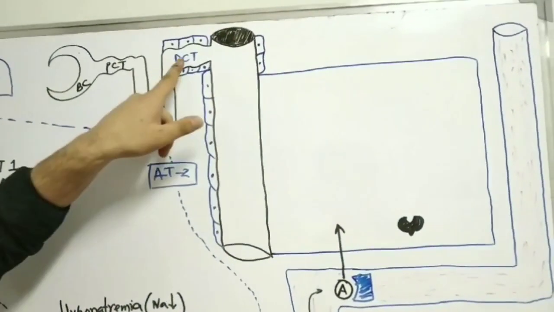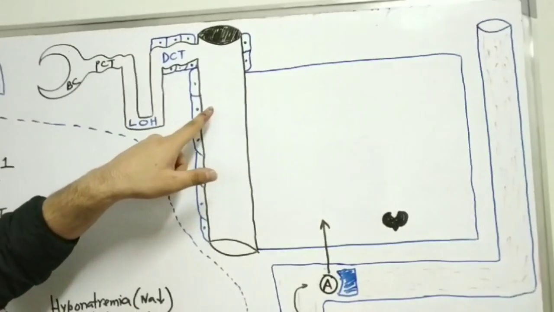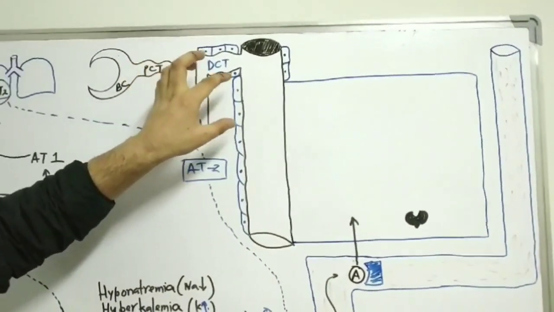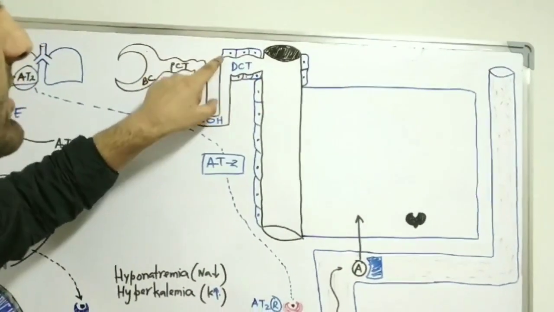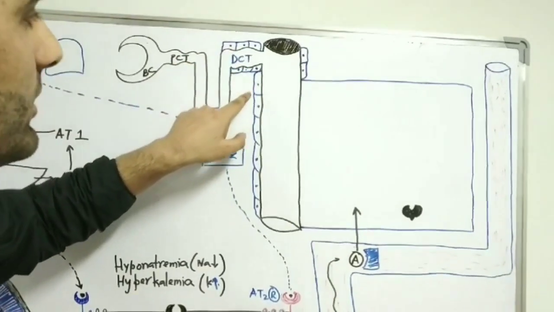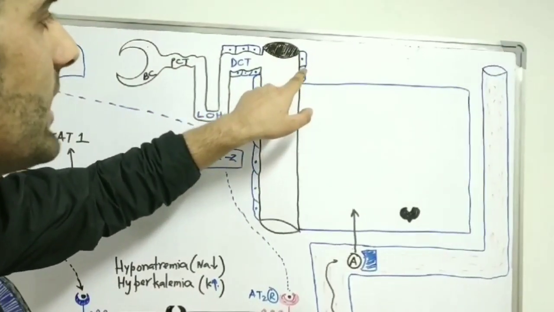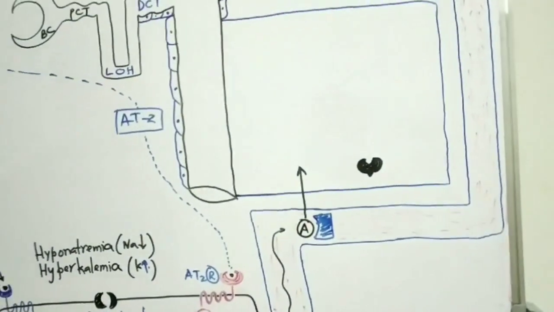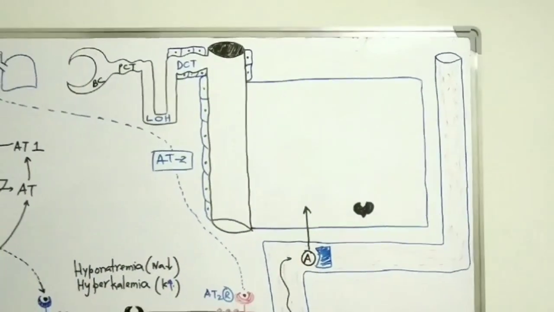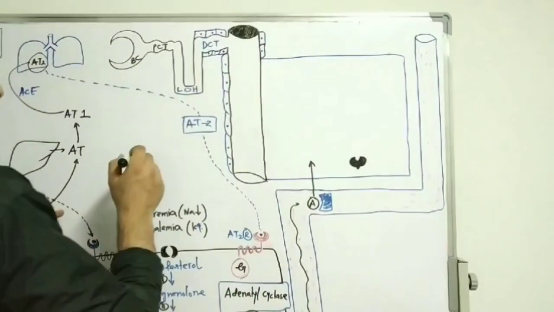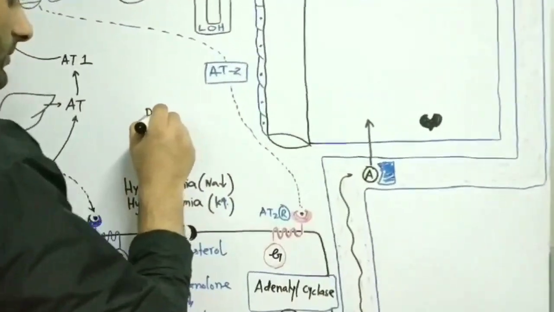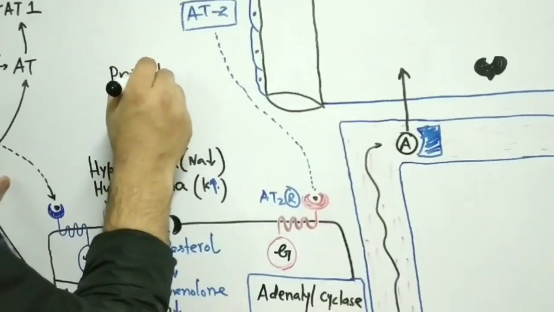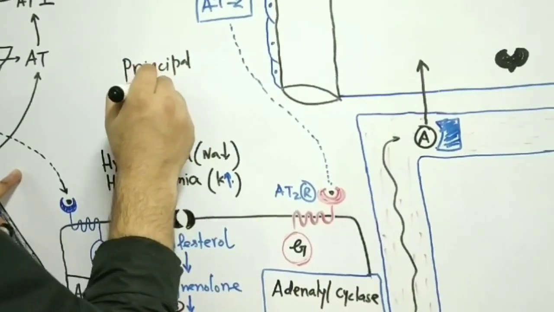The distal convoluted tubule and the collecting duct are lined by a special type of cells. These cells are epithelial cells, but they have been given a special name. They are called principal cells of the nephron.